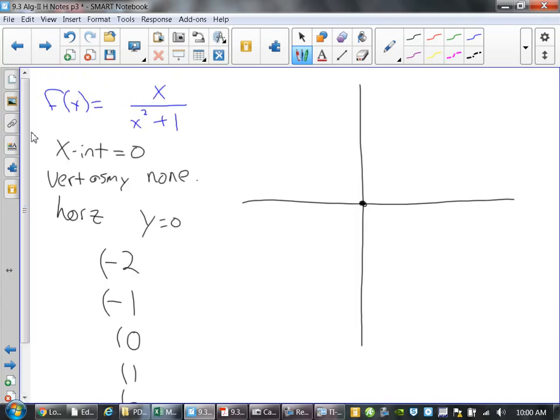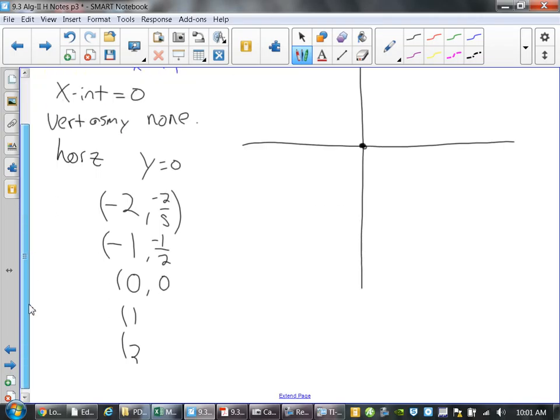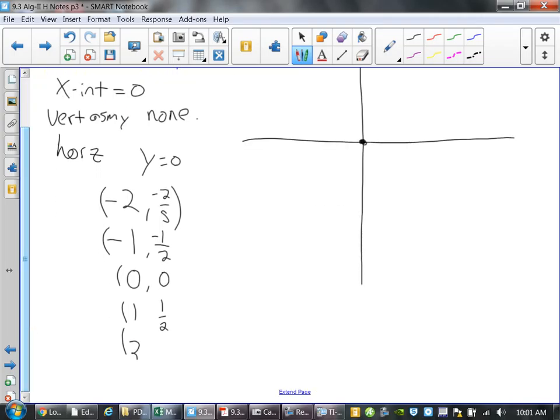If it's -2, we get -2 over 5. At -1, we get -1 over 2. 0 is 0. At 1, it was 1/2. And then at 2, it's 2/5.